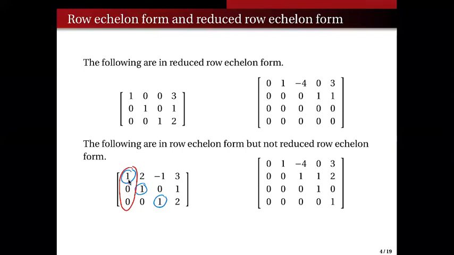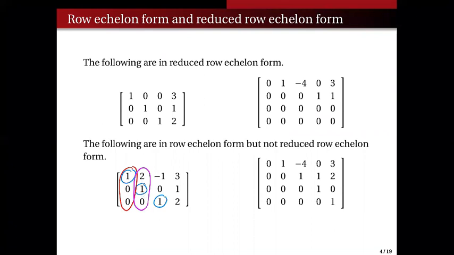The other entries in the same column are all 0, which is fine for the fourth condition. But if we look at this column, because this is a leading one, we consider its column. This entry here is non-zero. And that is enough to say that this is not in reduced row echelon form, because there is a non-zero entry in the same column as the leading one.